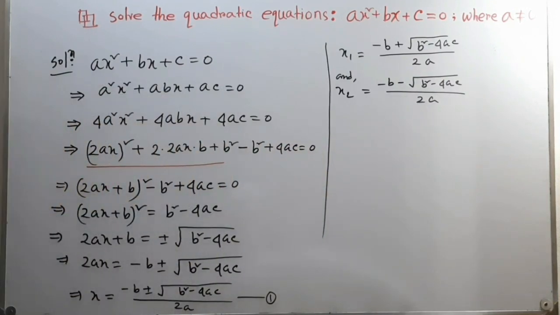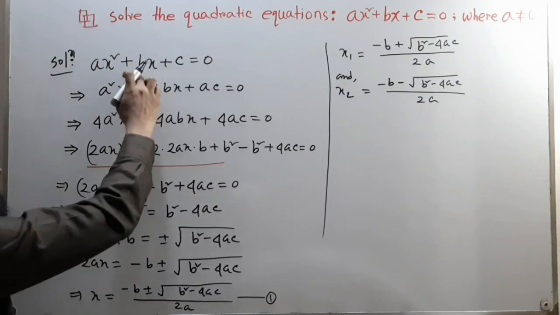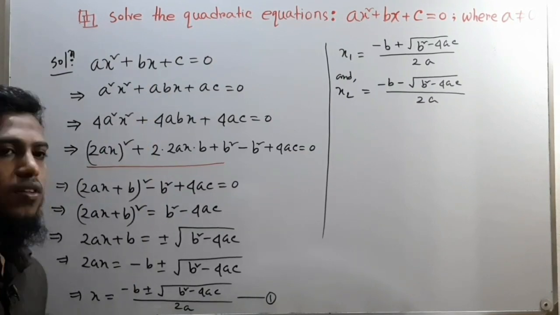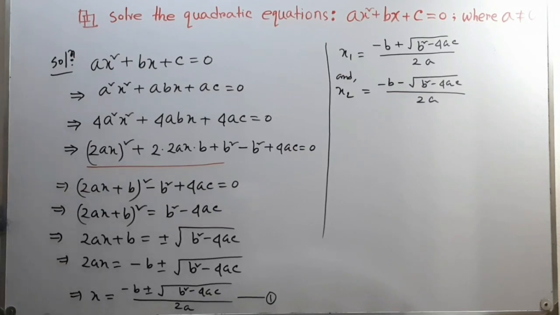Dear students, the term b square minus 4ac is called the discriminant of this quadratic equation. It determines the state and nature of this quadratic equation.